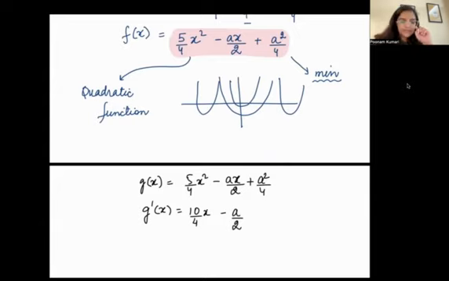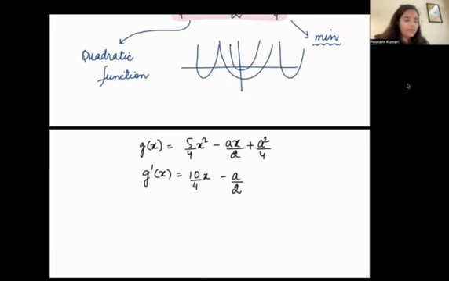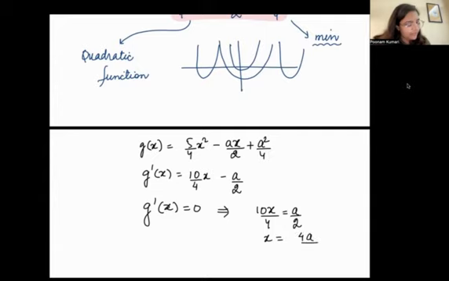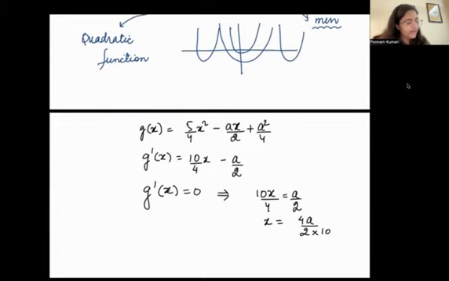Now what should we do? We will put g prime x to be 0. What will that give me? 10x by 4 is equal to a by 2. And what does that give me? The x value is 4a by 2 divided by 10. So this value is a by 5.